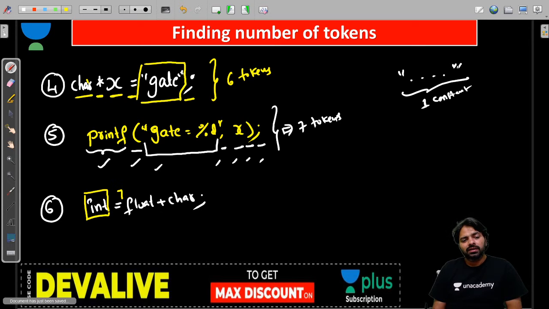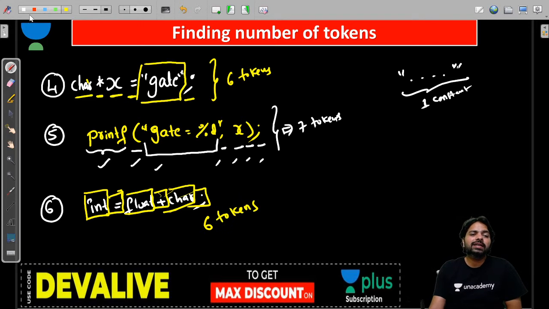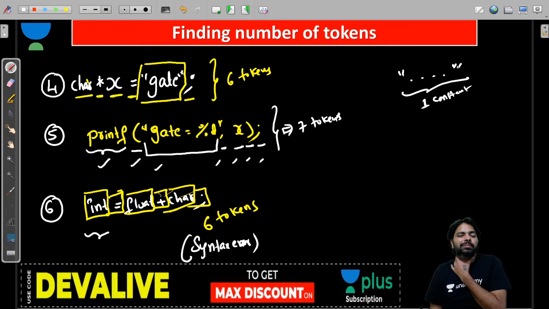Int equal to float plus and char and semicolon. How many are there? 6 tokens. There's no problem there. Which error is it? It's going to be a syntax error. Why syntax error, guys? Because keyword as, equal to keyword plus keyword is not valid in any statement, right?